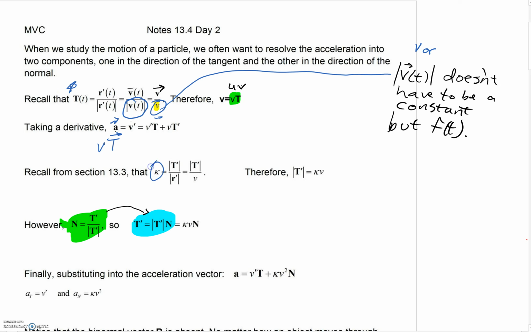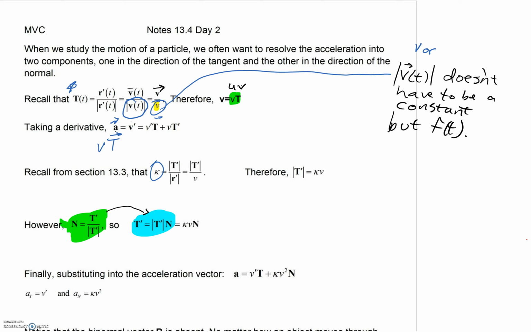Kappa right here was the length of T prime all over the length of r prime. And r prime in absolute value, that's really the length of vector v. So we could just write it as v without that vector arrow.